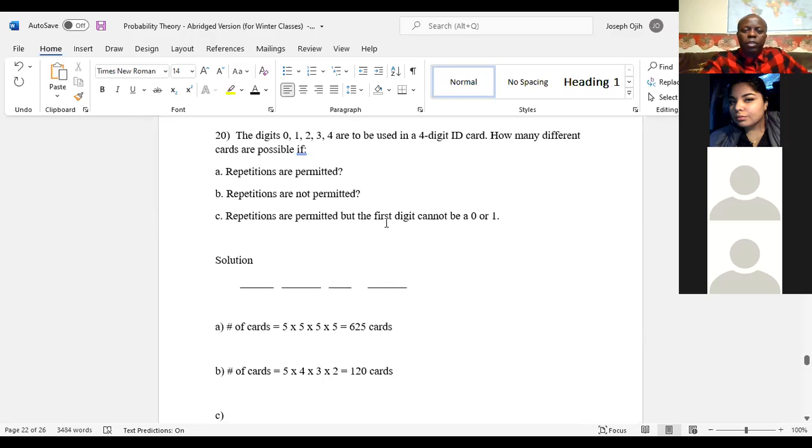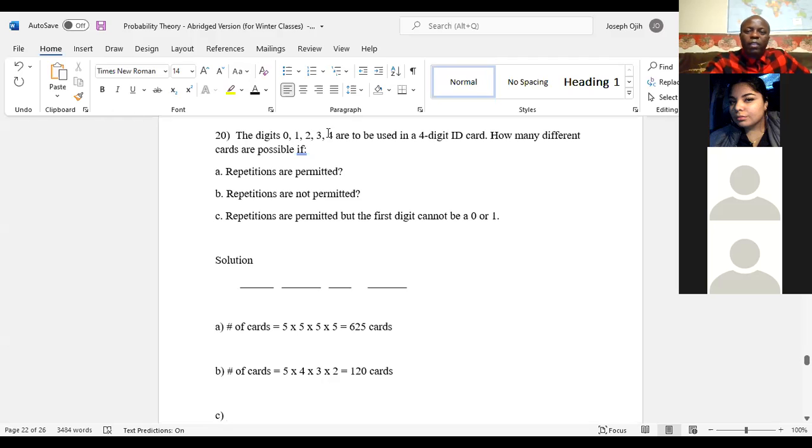As C says, repetitions are permitted, but the first digit cannot be 0 or 1. So in this case, you can repeat like you did on the first one. However, the first digit, the first slot here, cannot be 0 or 1.